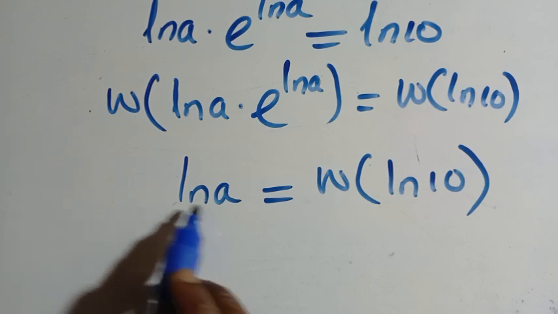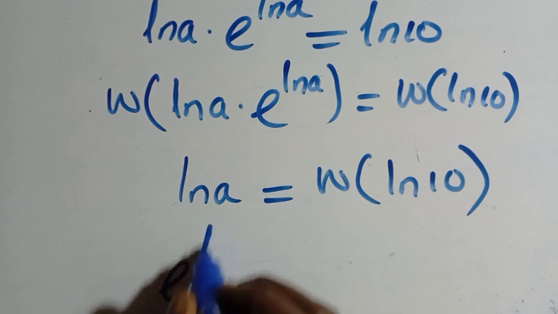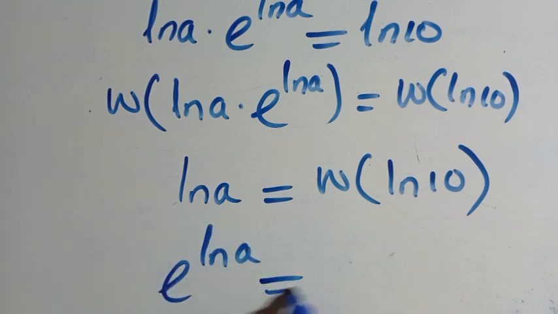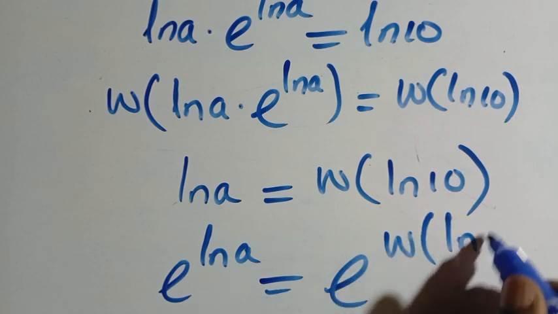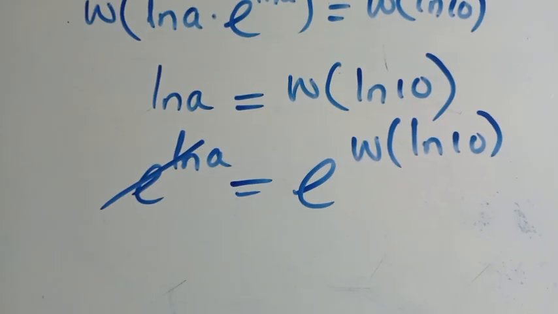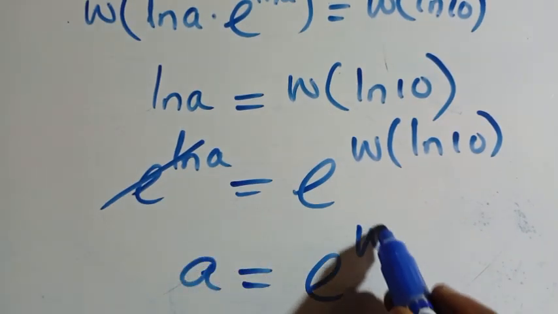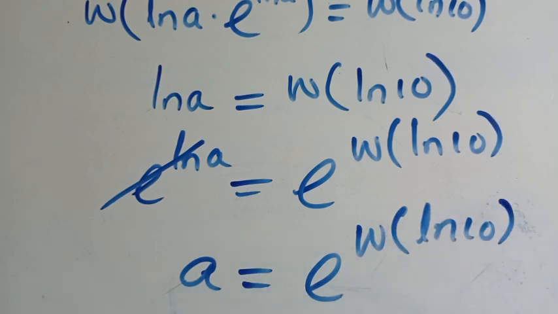So the best thing we can do to take this one out is by introducing exponential to both sides. So here we have e raised to power ln a equals e to the power of omega of ln 10. And this cancelled. So when they cancelled, we have our a equals e to the power of omega of ln 10. And here is the result to this problem.